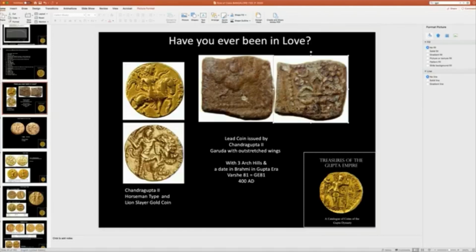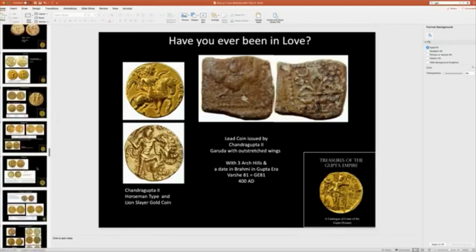So this proves to us that Chandragupta II by 400 AD had already started the assault on the Kshatrapa region and had captured some of the territories, enough of a territory to actually have this coin being issued.